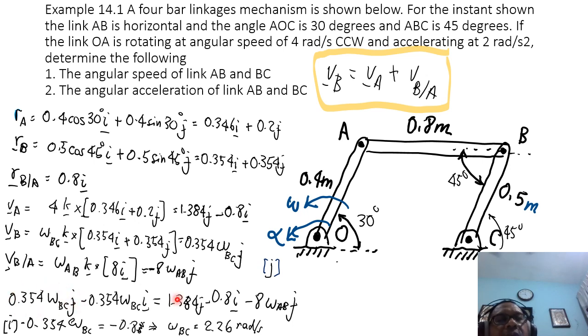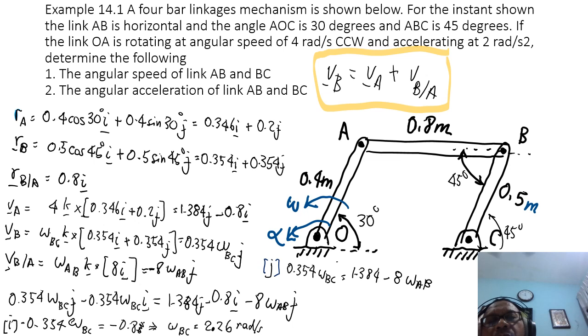Omega BC J equals 1.384 minus 0.8 omega AB. So I'm going to rewrite that. 0.354 omega BC equals 1.384 minus 0.8 omega AB. So we know omega BC is 2.26.